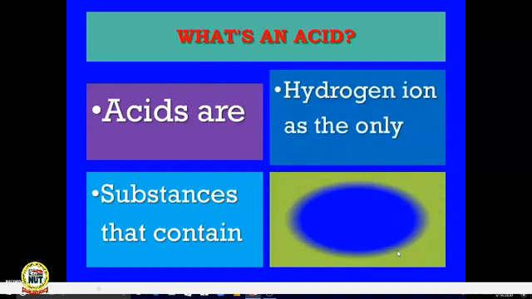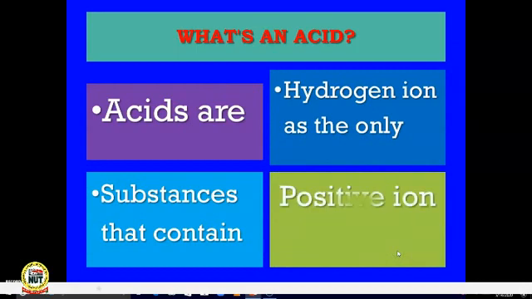Only positive ion. As the only positive ion. And positive ion is represented by this sign, plus H. So any chemical that has or contains hydrogen ion, yes, it's basically referred to as an acid.